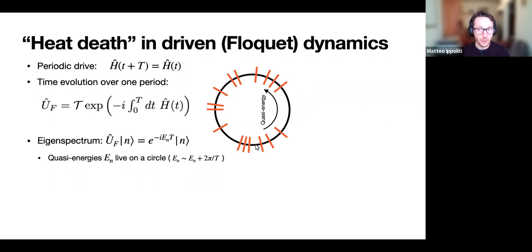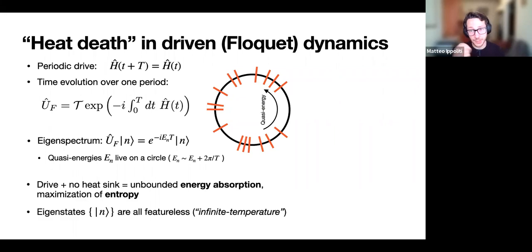And this means that there is no such thing as a low energy or ground state. All these states are kind of interchangeable, living on this circle. And moreover, given that we have a periodic drive that can inject energy into our system, so we can absorb quanta of energy in units of this 2 pi over T, and there is also no sink, there's no sort of cold bath in which to dump any energy or entropy, what we expect is that states at extremely late time will have essentially maximized their entropy.